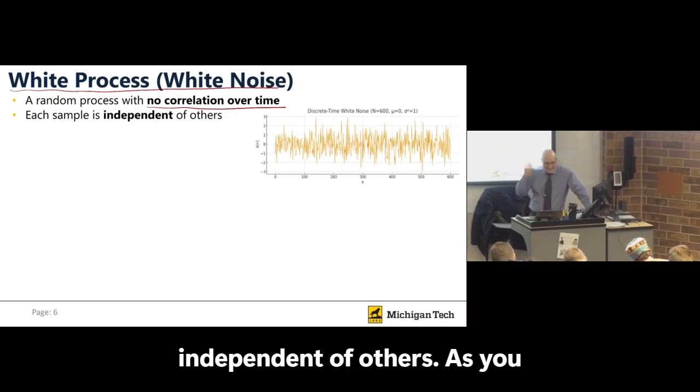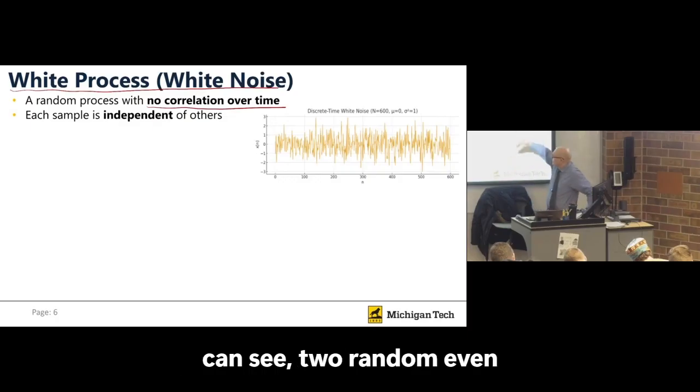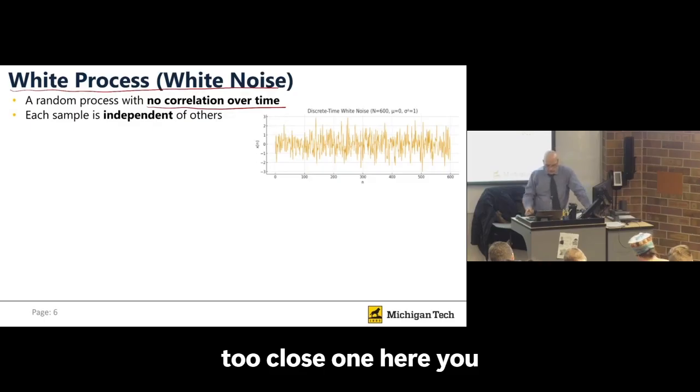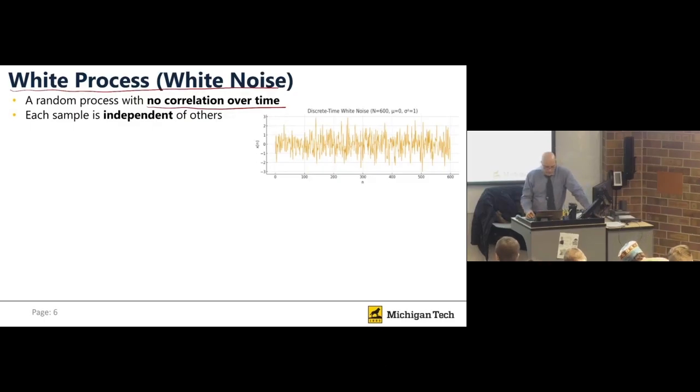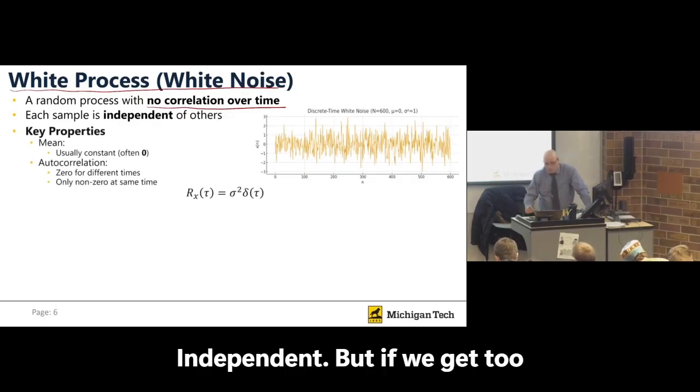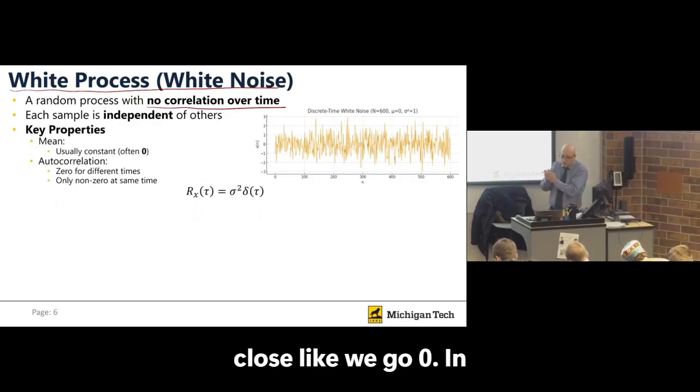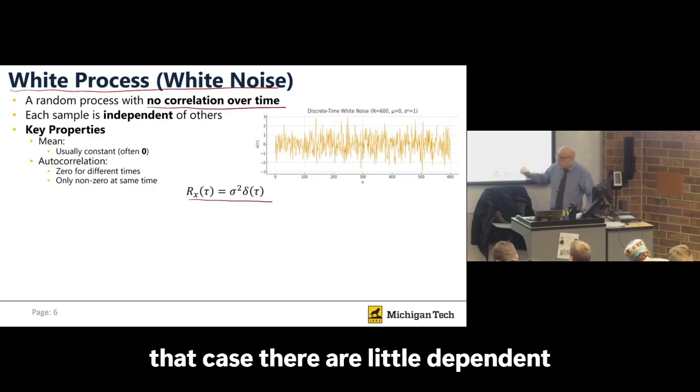White process, no correlation over time. Each sample is independent of the others. As you can see, it's very random. Even two close samples are independent. But if we get too close, like tau equal to 0, in that case they are a little dependent.